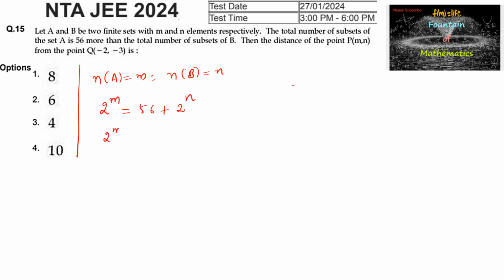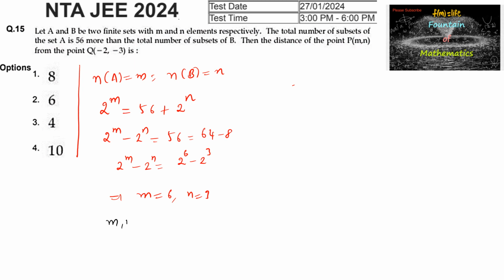Or we can write 2 power m minus 2 power n is equal to 56. 56 we can write as 64 minus 8. So 2 power m minus 2 power n is equal to 2 power 6 minus 2 power 3, which implies m is equal to 6 and n is equal to 3.